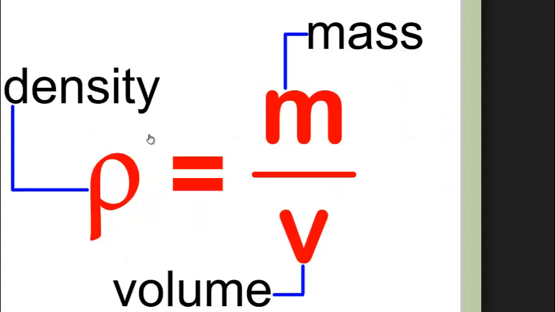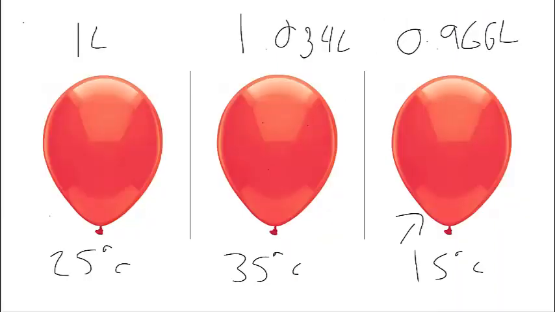Now this is density here. So if my mass is not changing, but my volume increases, then the overall density is going to go down. And if my volume decreases, the overall density will go up. So as the warm balloon has more volume for the same amount of mass, it is less dense than the cold balloon.